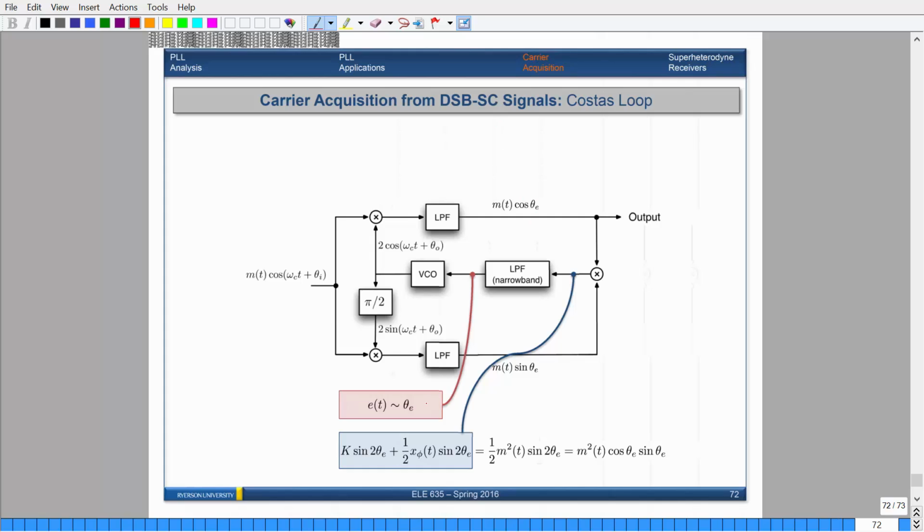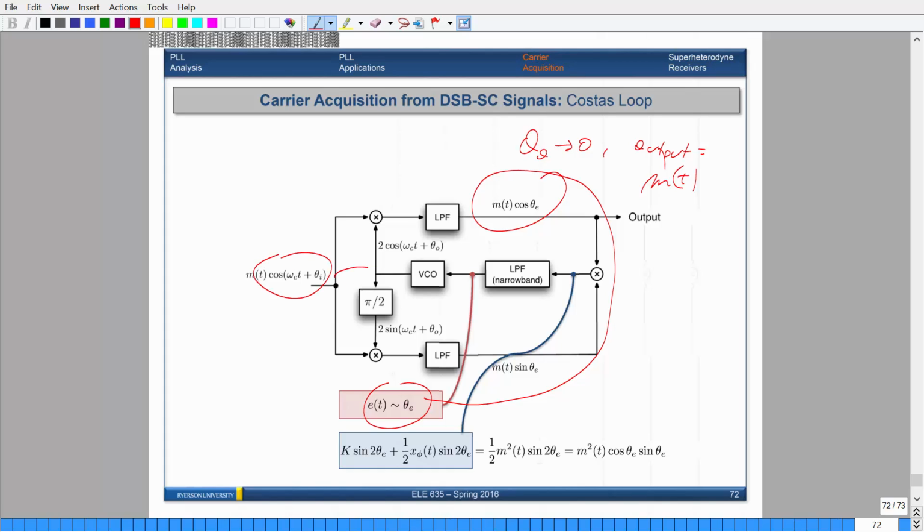Remember what the output is: m of t cos theta E. If theta E approaches 0, the output will equal m of t, because cos of 0 is equal to 1. So as the error signal approaches 0, the carrier frequencies match. And that's what you want.